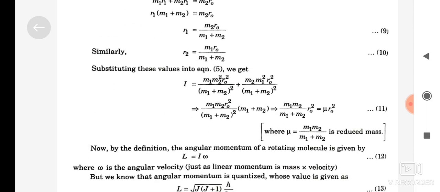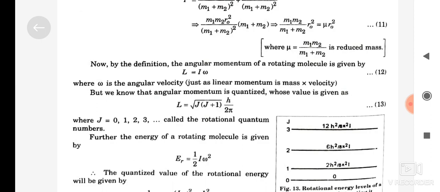Substituting these values in the equation, we get I is equal to m1 m2 square r naught square upon m1 plus m2 whole square, plus m2 m1 square r naught square upon m1 plus m2 whole square, that is equal to m1 m2 upon m1 plus m2 into r naught square, that is mu r naught square.